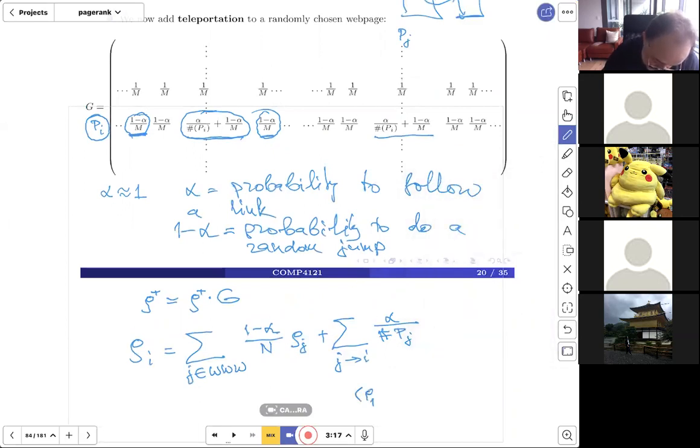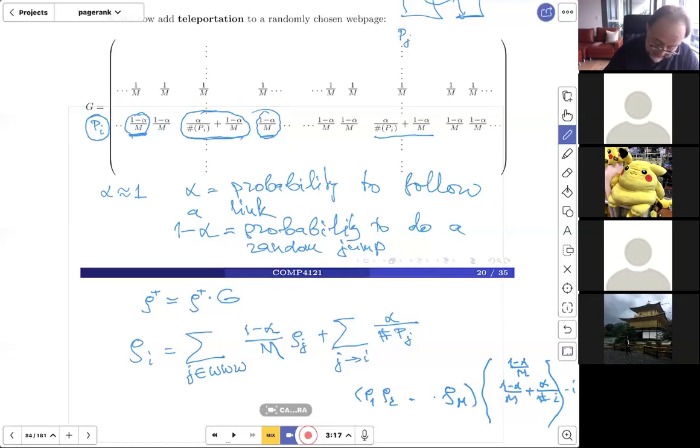So here is row 1, row 2, all the way up to row, I call it, and I switch between n and m. M is the number, so up to row m. And then here you have a matrix. And then instead of zeros, now everywhere you will have 1 minus alpha divided by m, except somewhere you will also have 1 minus alpha divided by m plus alpha divided by the number of outgoing links of Pi. That's on the row i.